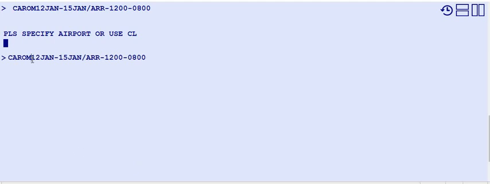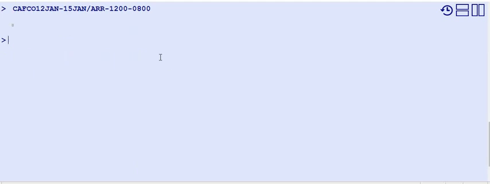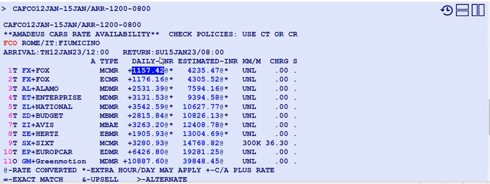So FCO, the Fiumicino airport of Rome, and let me find whether the cars are available or not. Here so many cars are available, and yes, we see the information is given. So many different taxis are available, and it's not the end of the display; we can move down for more information.